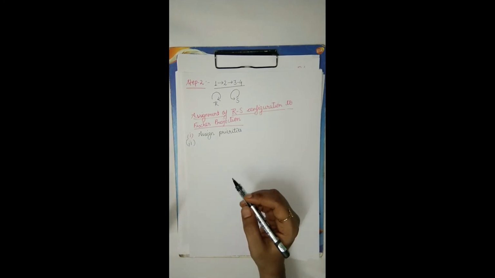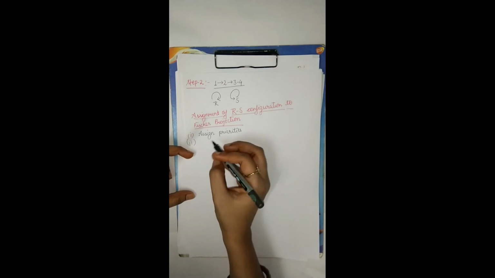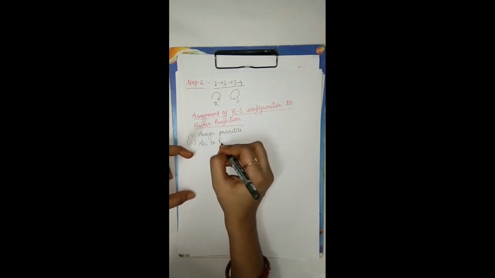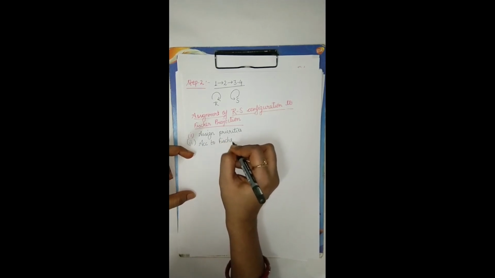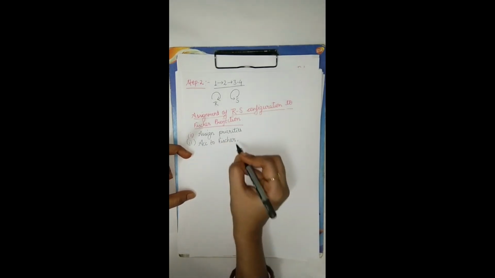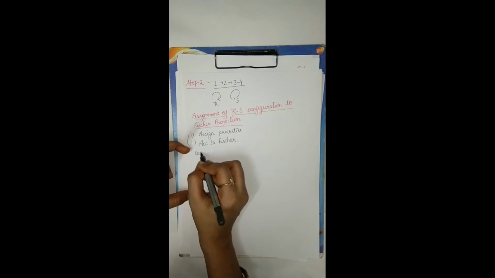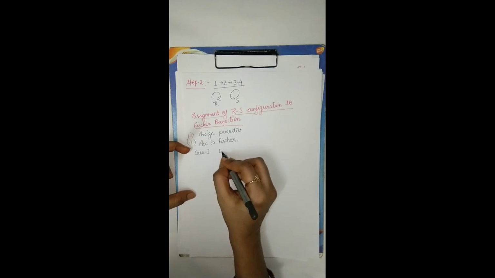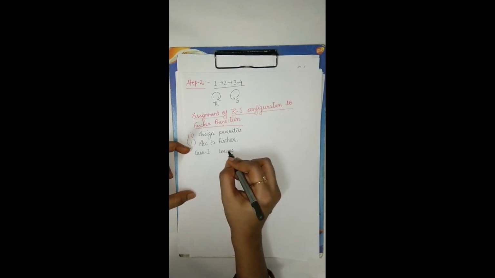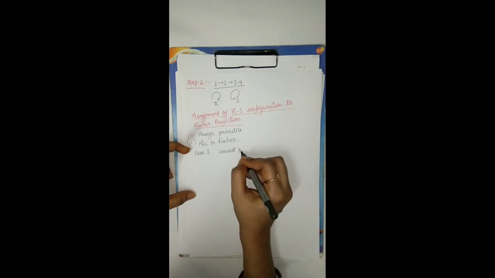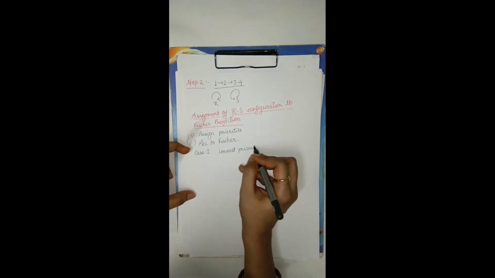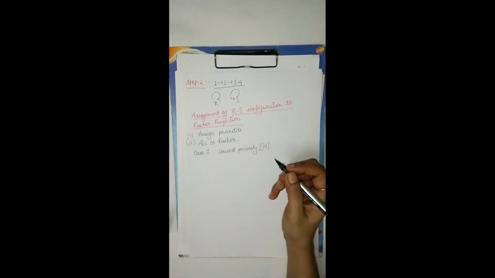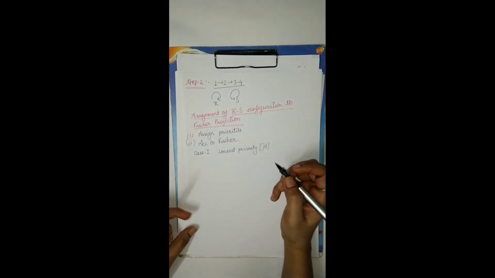I am taking one example according to Fischer. There is case 1: the lowest priority, hydrogen, should lie either on the top or on the bottom.